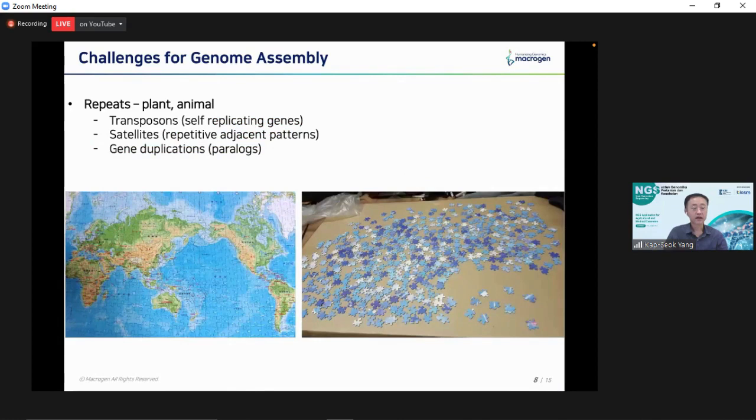Okay. Repeats are like this. Looking at the picture, when you're solving a puzzle with different colors and different text, you can easily solve it. But you can end up with puzzle pieces that cannot be distinguished from each other.